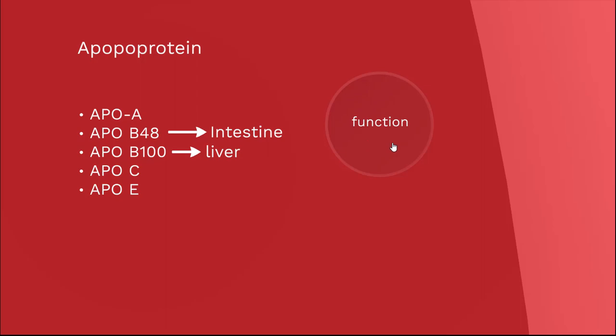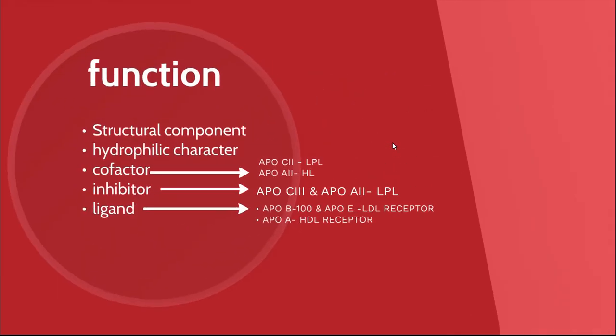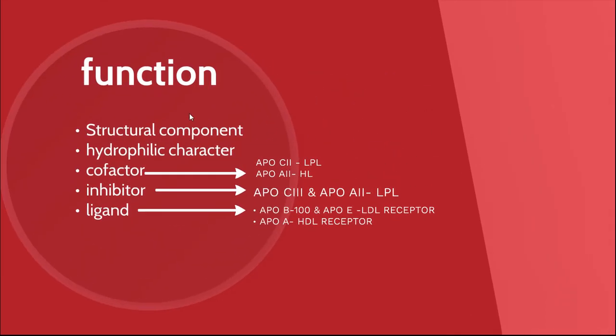The function of apoprotein is a very important written question. Let's see their functions. They act as a structural component of lipoprotein and maintain the structural stability of lipoprotein. They give a hydrophilic character to the lipoprotein particles to help their transport in the aqueous plasma.